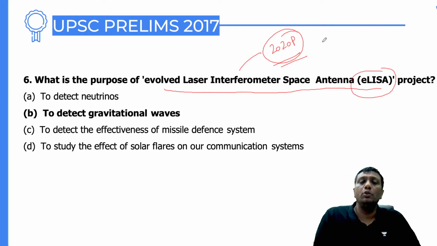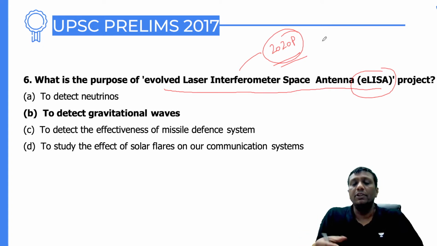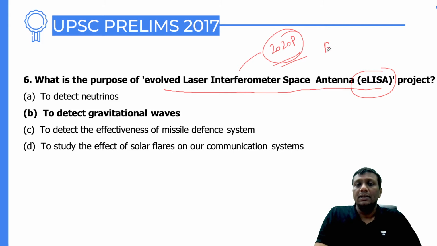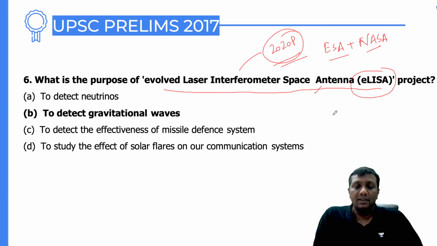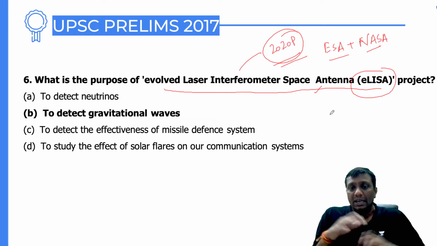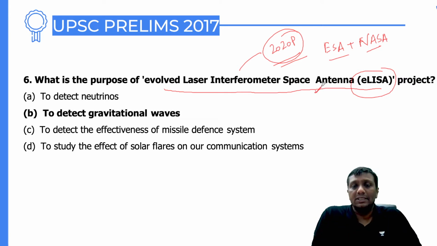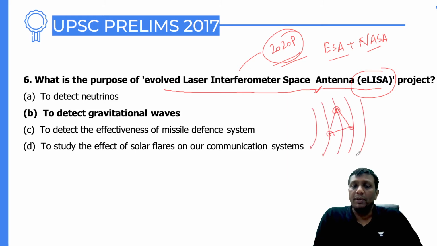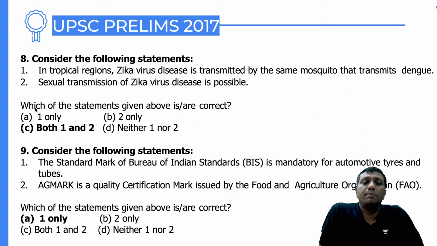I told you it is a group of 3 satellites, planned for the coming future, with the European Space Agency and NASA working together. NASA, the American Space Agency, will set up 3 spacecraft in space at a distance of some million kilometers in a triangle arrangement, and with their help they will try to detect gravitational waves in space.